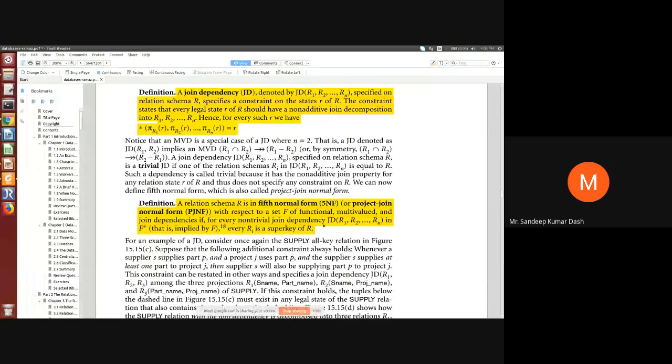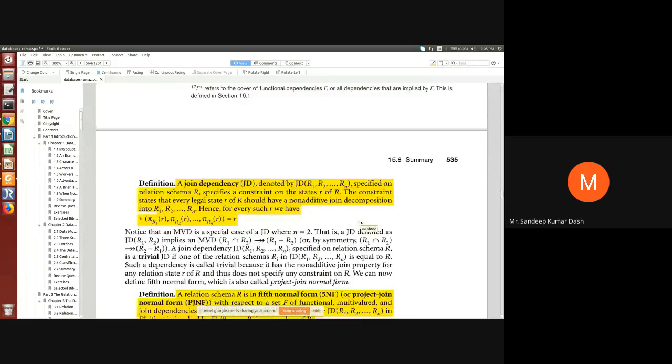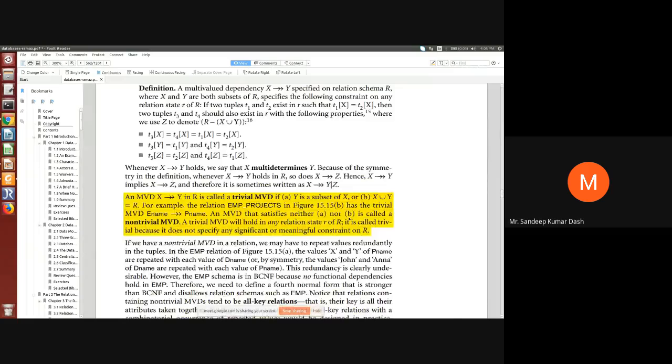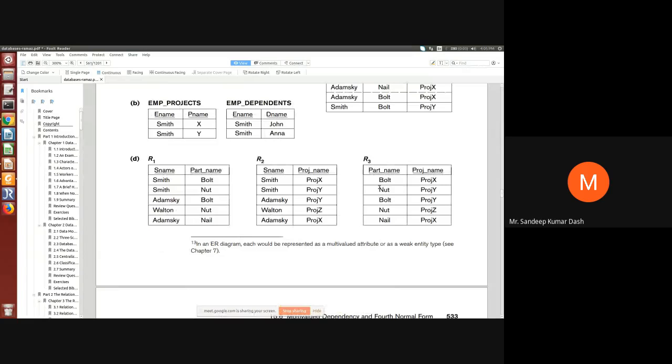Every non-trivial join dependency. That means this has a join dependency. Once you join them, you are getting a non-additive join. Every non-trivial join dependency on this you have to perform. So when you are combining these three, this is a non-additive join. Also, they are all super keys, so the columns present in the relations are all super keys.